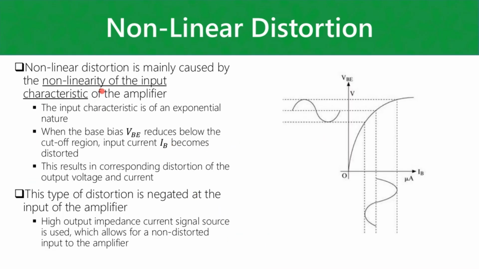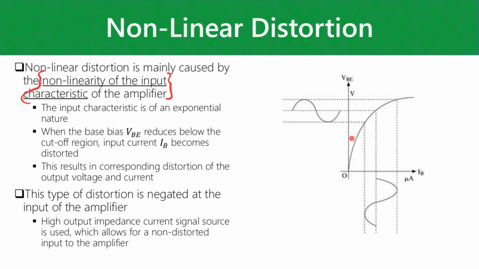Nonlinear distortion is typically caused by the nonlinearity of your input characteristics. Essentially, the voltage and current are not necessarily going to have a linear relationship for your transistor, particularly if you look at the base emitter voltage and the base current.